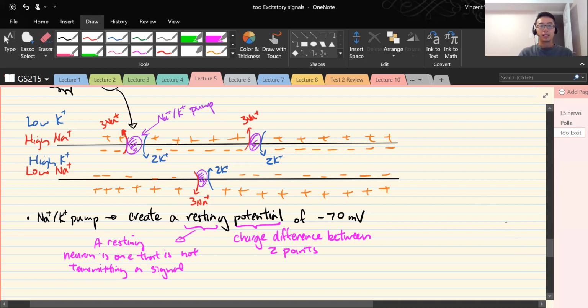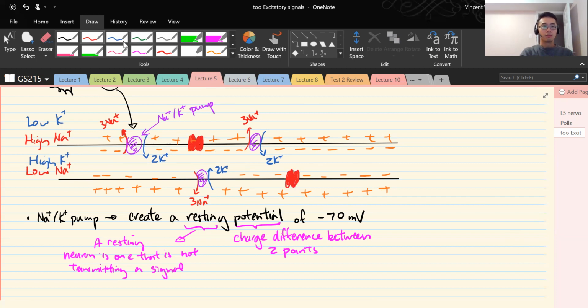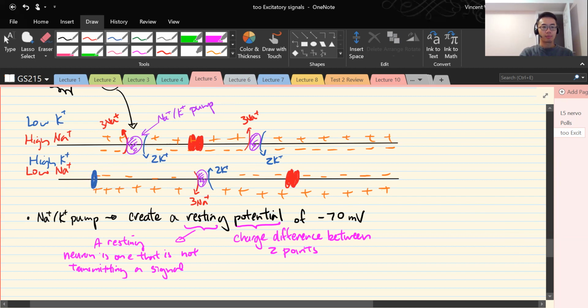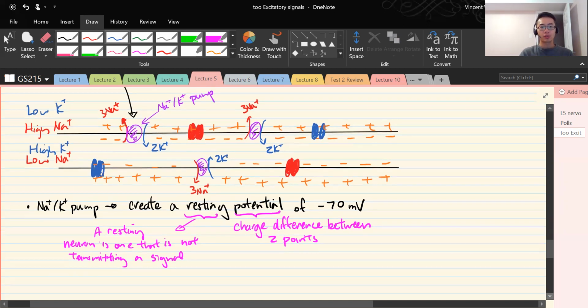Great. Let's add more to this diagram, which is already kind of busy. In addition to the sodium potassium pump, you have these gated channels. They are called gated channels, or sometimes voltage sensitive channels.